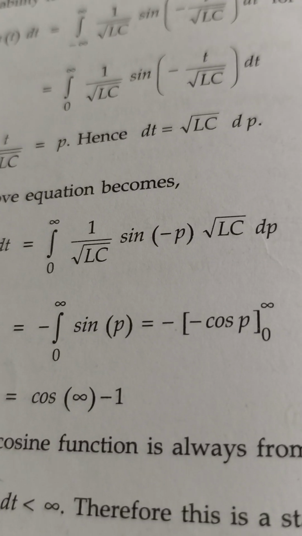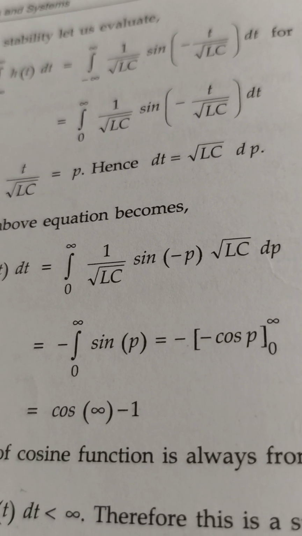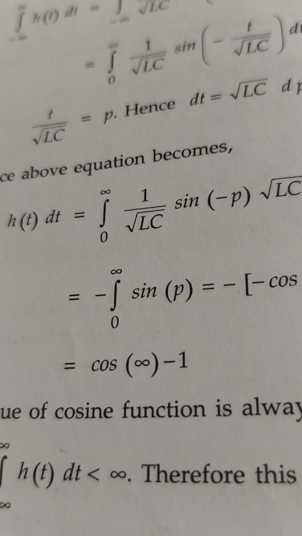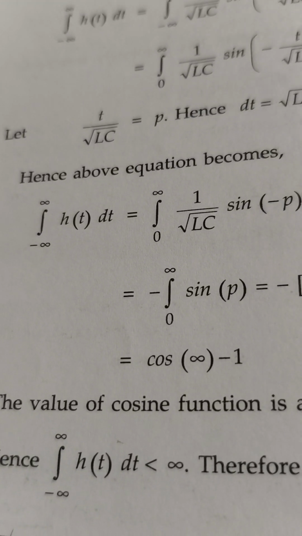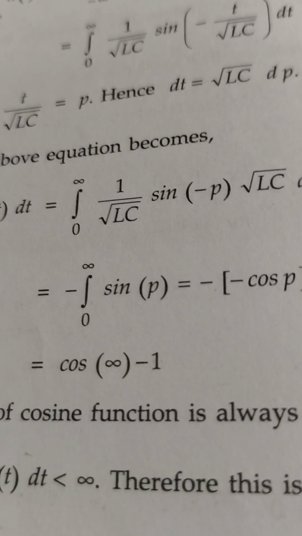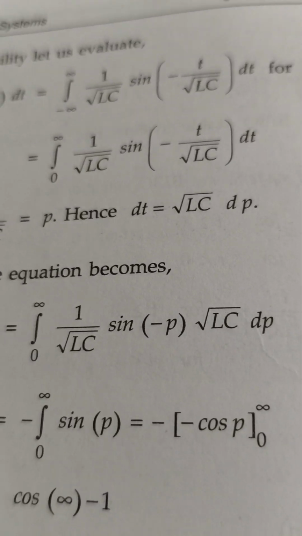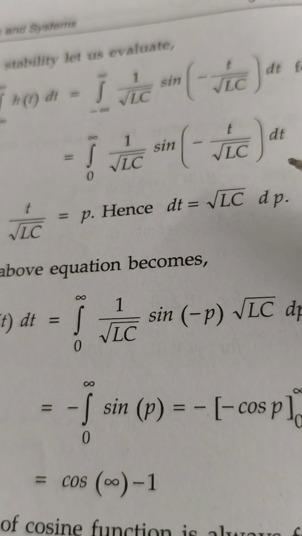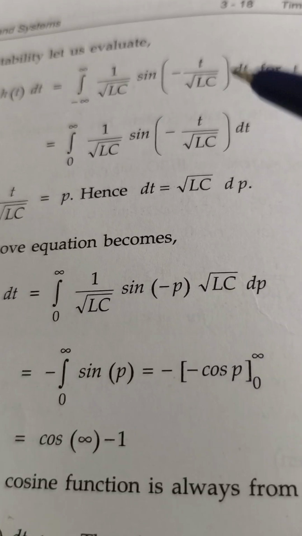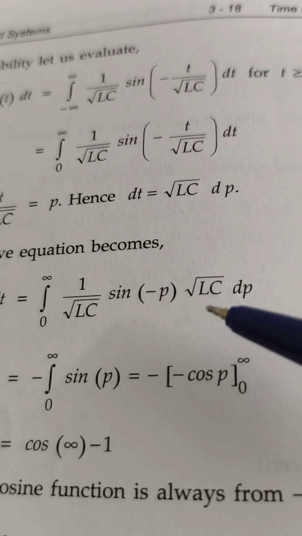Then the above equation becomes: the integration from minus infinity to plus infinity of h of t dt equal to the integration from 0 to infinity of 1 by square root of LC sine of p, where p is t by square root of LC, then square root of LC.